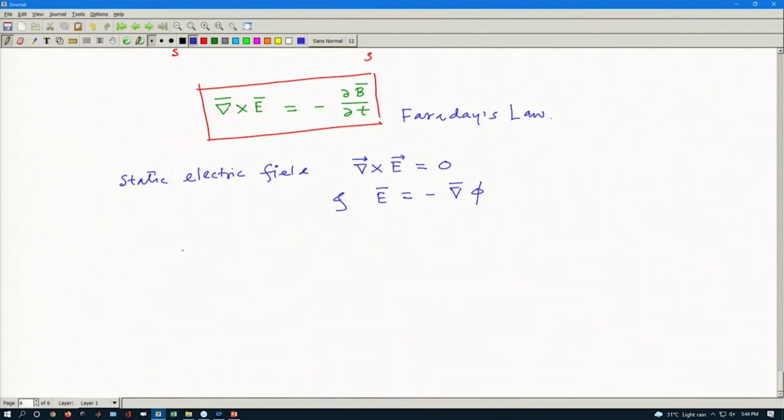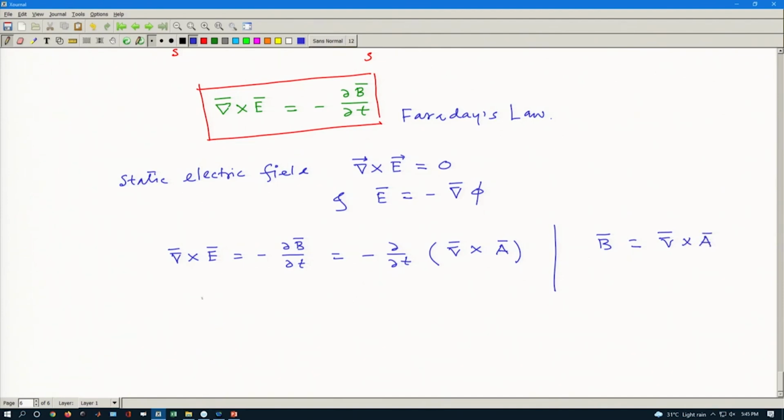Now, from Faraday's law, curl of E is no longer 0, rather it is minus del B del t, and that is again minus del/del t of B. I can write B in terms of the vector potential A, so it is curl of A, right, as B can always be written as the curl of A. A is a vector potential.